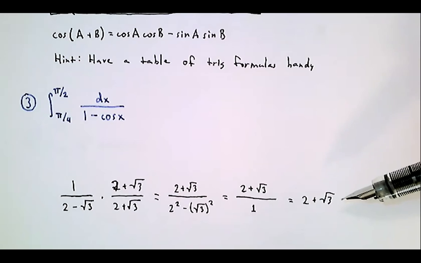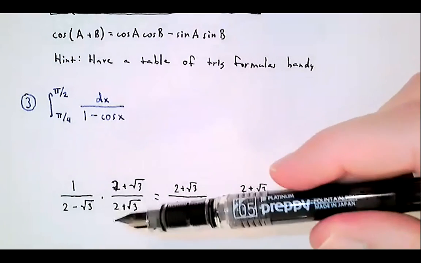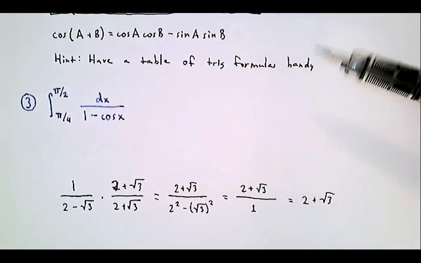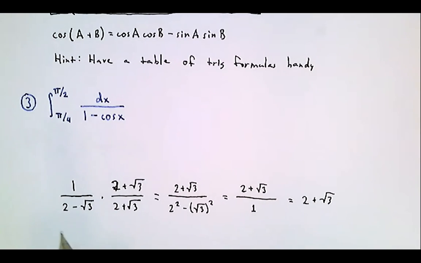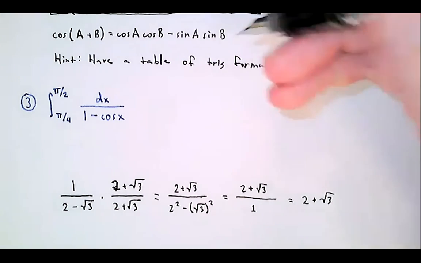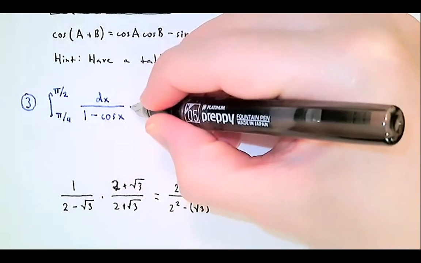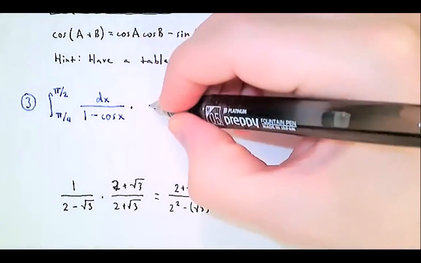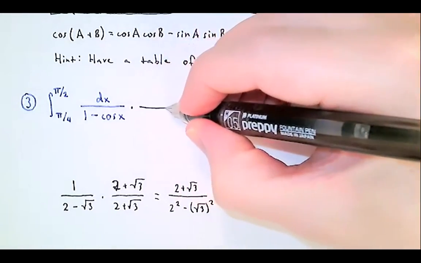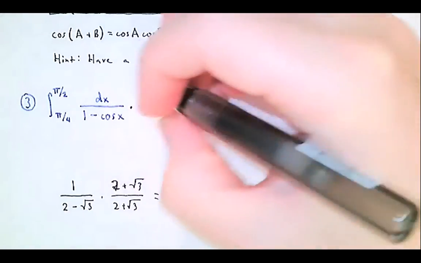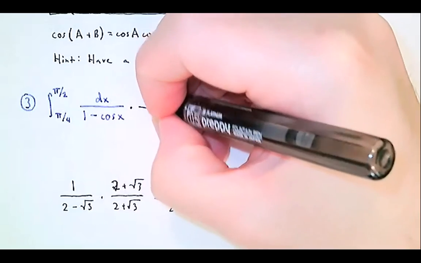So the same technique that you learned in algebra to, what you say, rationalize your denominators, I believe that's what you called it back then, will also come in handy in calculus. We can use the same technique, except now instead of square roots, we might have something like a cosine function.